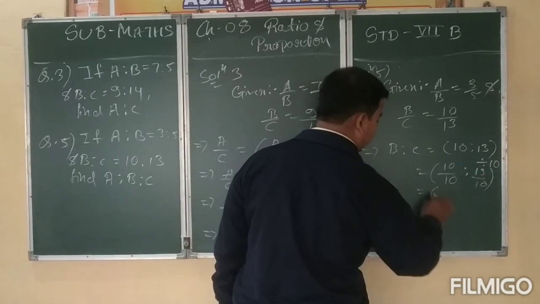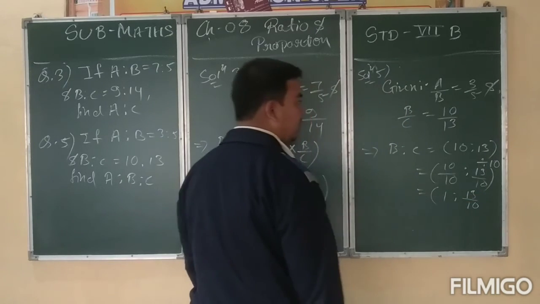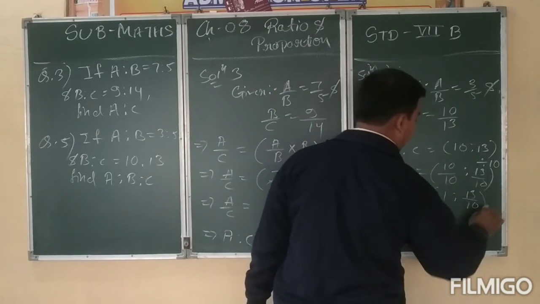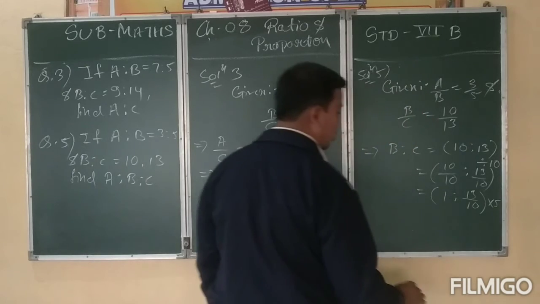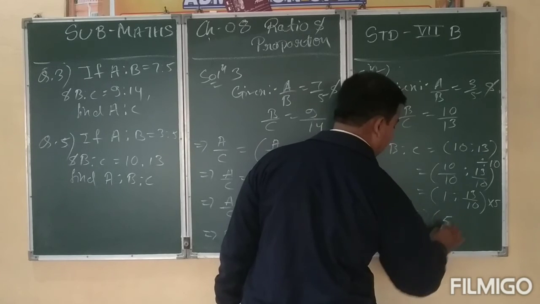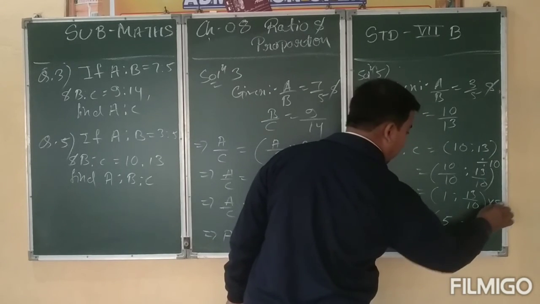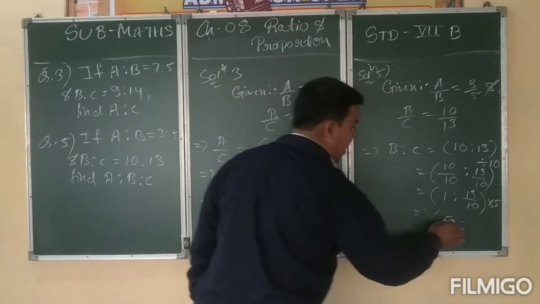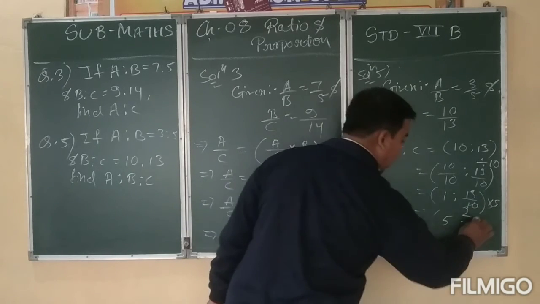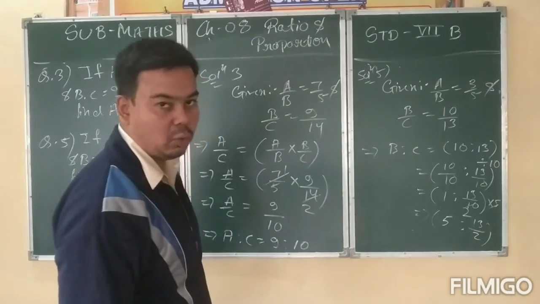So the answer is 1 ratio 13 by 10. Then after, you multiply by 5. So 5 on the 5, ratio 5 to the 10, so 13 by 2. So 5 ratio 13 by 2.